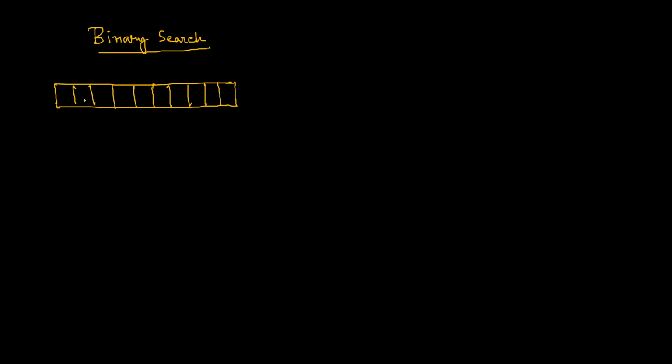So basically what we do, but before that let me tell you one thing. What is the best case scenario for this? The best case scenario for binary search will be something like the data you are searching is present at the middle. So at the first attempt you will get the data.